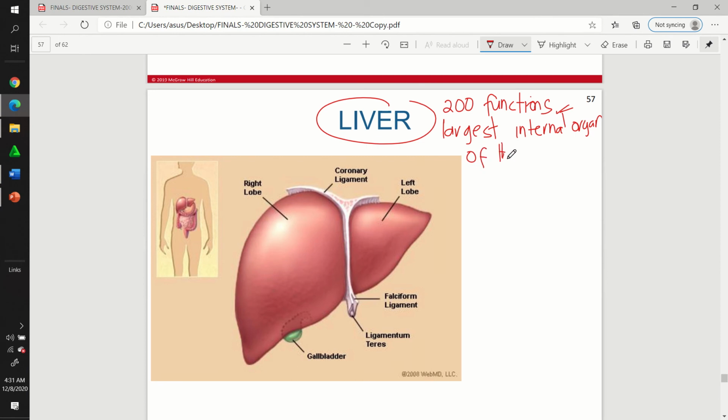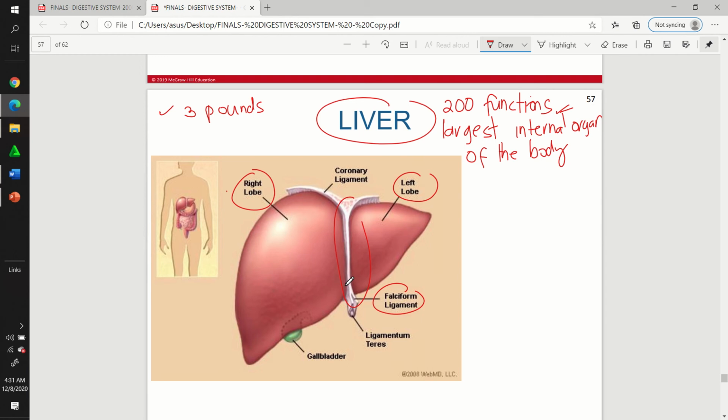Remember that your liver weighs around 3 pounds. Your liver is divided into left and right lobes, separated by a connective tissue septum called the falciform ligament.